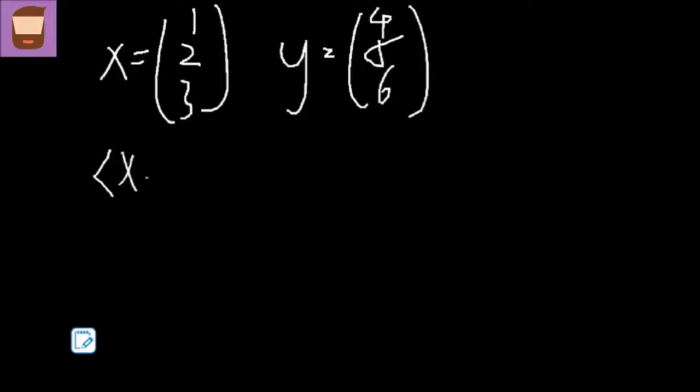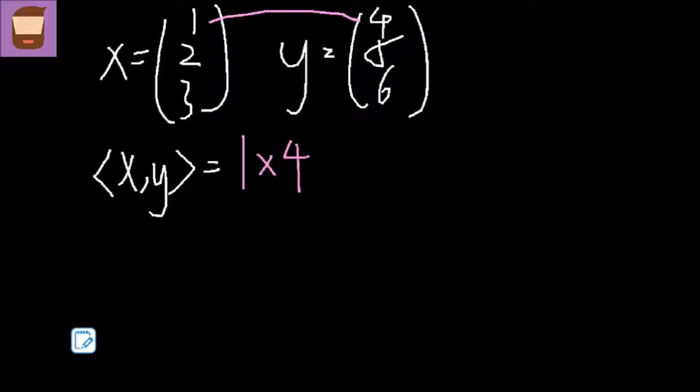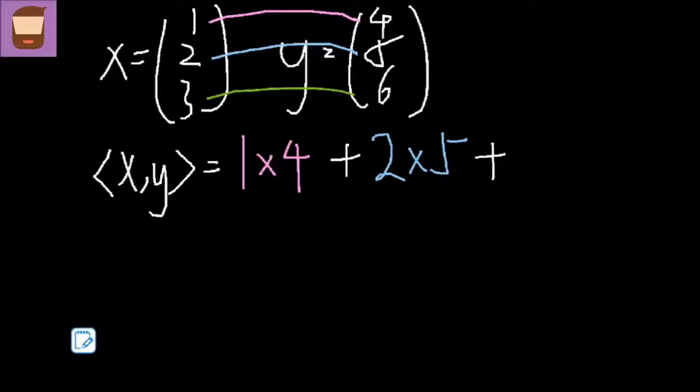So the inner product between x and y becomes 1 times 4 plus 2 times 5 plus 3 times 6, and that's it. That's the inner product.